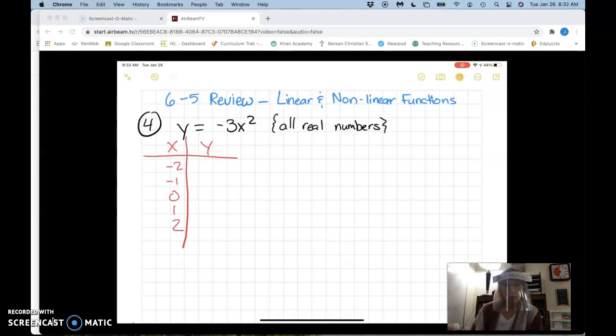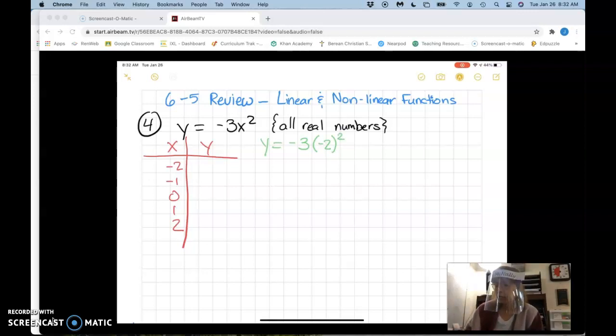And I'm going to pick my usual numbers and just start plugging it in. And I see that it's negative 3x squared, so I also know this parabola is going to open down. Because anytime I have a negative in front of the x squared, the parabola opens down.